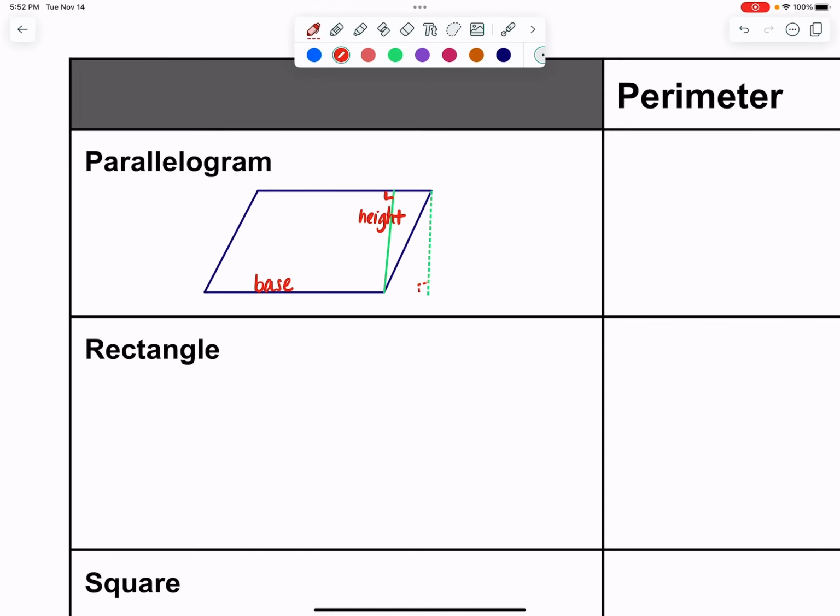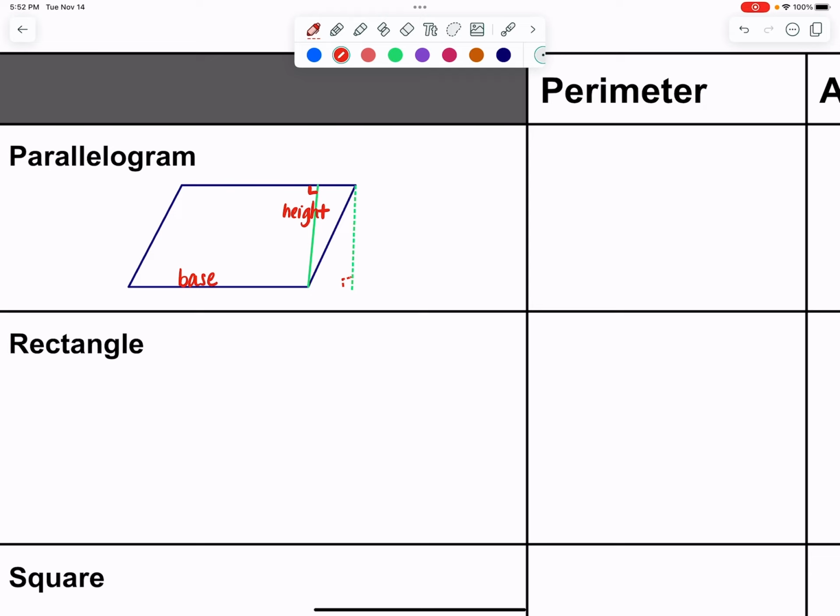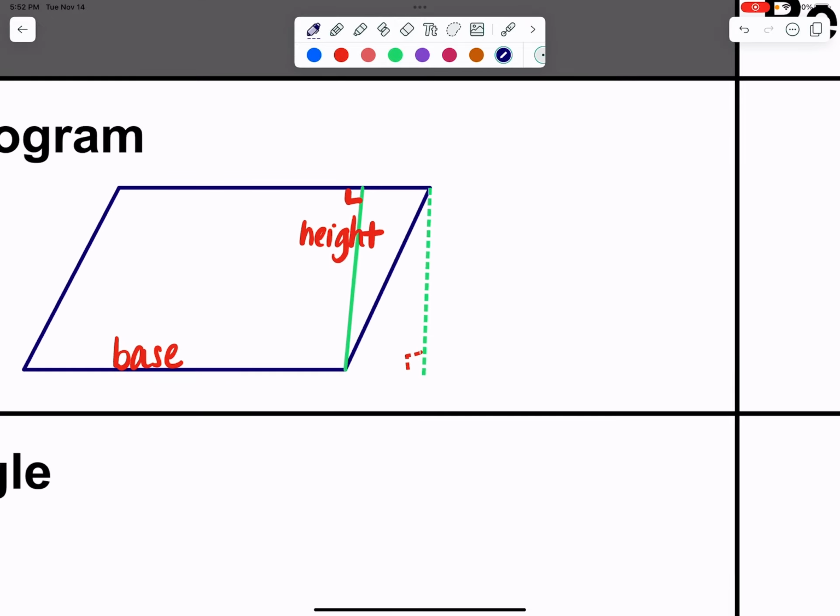If you know the measurements for all of the sides for a parallelogram, let's say this was 11 and 11 and 4 and 4.